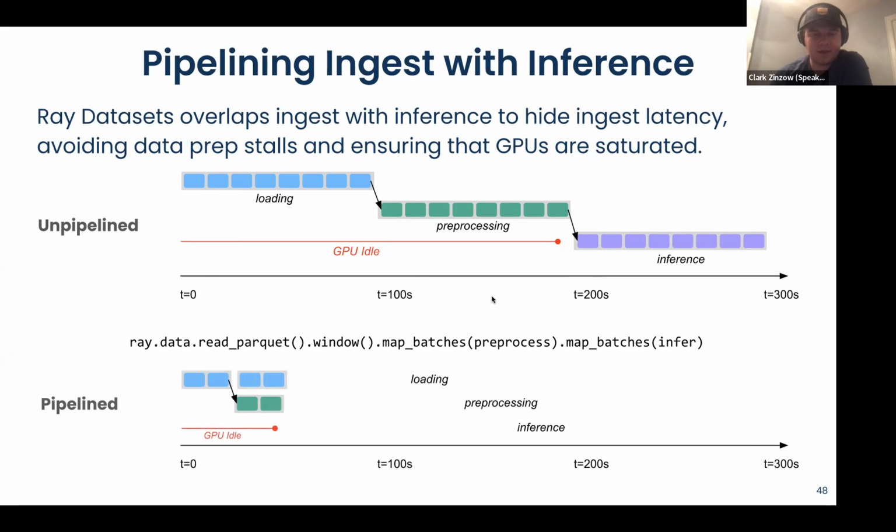Although for the first few windows we have to take that hit because we have to load and pre-process that first window, by doing all of these stages in parallel, after that first window reaches the GPU, we can continue to do the loading and pre-processing, for example, on CPU nodes. And then those inference workers will always be seeing loaded and pre-processed data sitting hot and ready in the object store. So we're able to hide that loading and pre-processing latency.